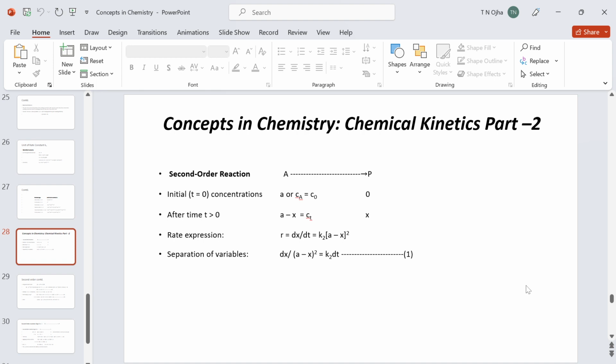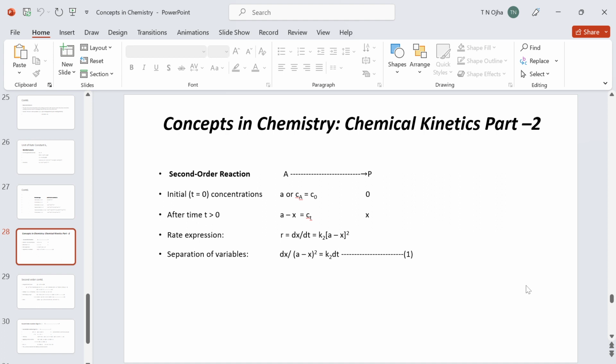Few other problems have been taken up. Now we proceed to second order reaction. A giving P. Initial concentration of reactant is a, product concentration initially 0. After time t, concentration is a minus x, and product concentration is x.